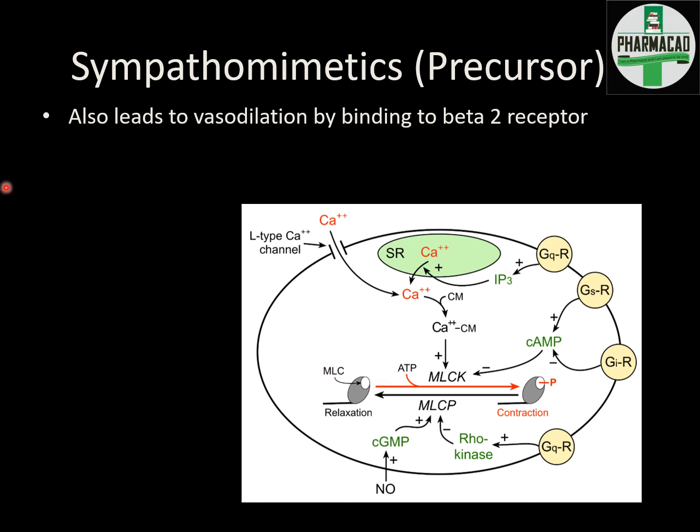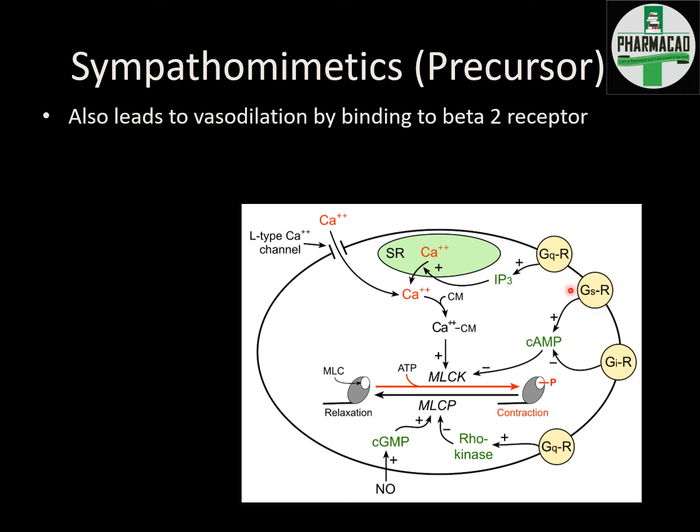Now let's see how norepinephrine is causing vasodilation in this smooth muscle cell. So norepinephrine binds to the beta 2 receptor which is present on smooth muscle cell surface. Now beta 2 receptor is actually a GPCR, G protein coupled receptor.